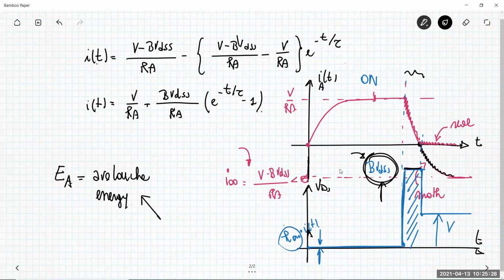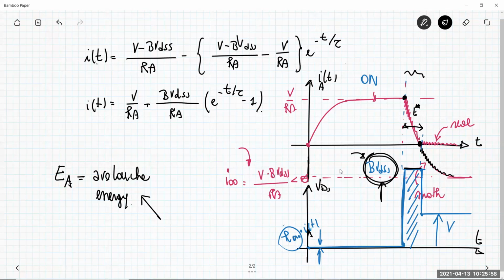So let's start by computing the energy involved in this turn-off situation. In order to do that, I want to define this time interval, let me call it T star: the time interval needed for the current to go from V over R, which is the nominal phase current, to reach 0.